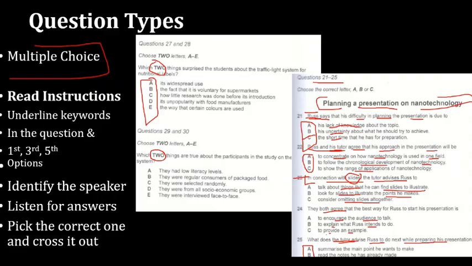With this kind of keyword underlining, whenever you have been given 30 seconds to look through questions 21 to 25, be sure that you use that 30 seconds to go through them swiftly and underline all the keywords.